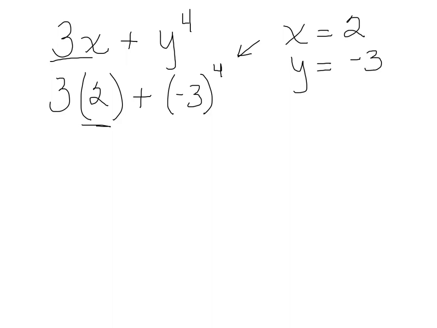And if I don't put the parentheses around that, I may make an error and treat it as a negative solution, and that would definitely give us the wrong answer. So negative 3 to the 4th power is actually positive 81. So I get the solution of 87 when I add my evaluated expressions together.